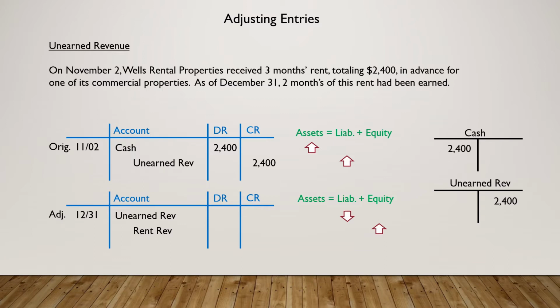The amount of the journal entry is going to be $1,600. If $2,400 covers 3 months of rent, that means monthly rent is going to be $800.